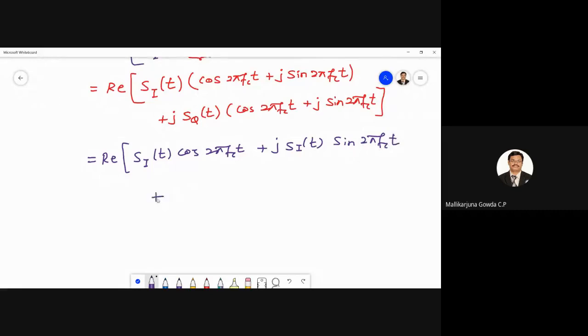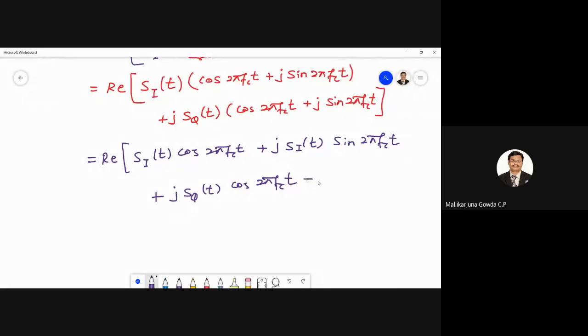Then similarly the next term is j s_Q of t into cos 2 pi fct. Then next is j into j, which is j square, and j square is minus 1.